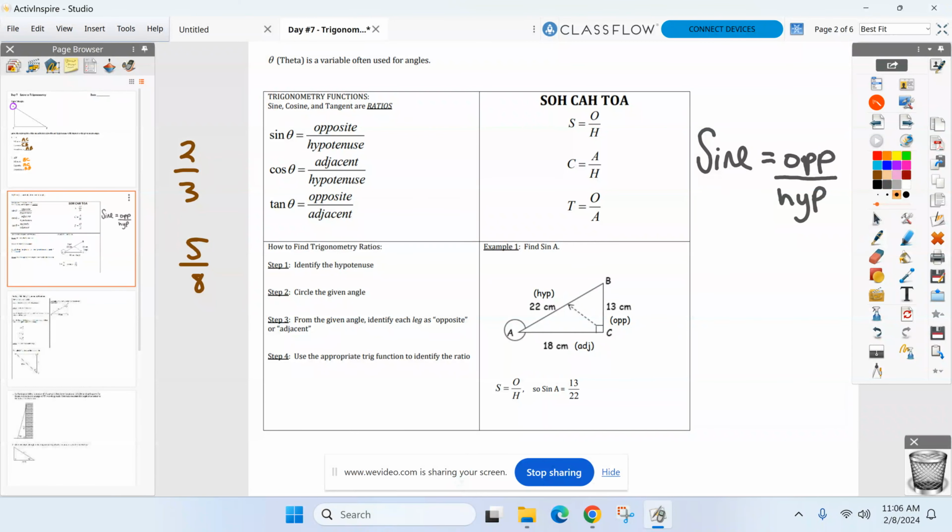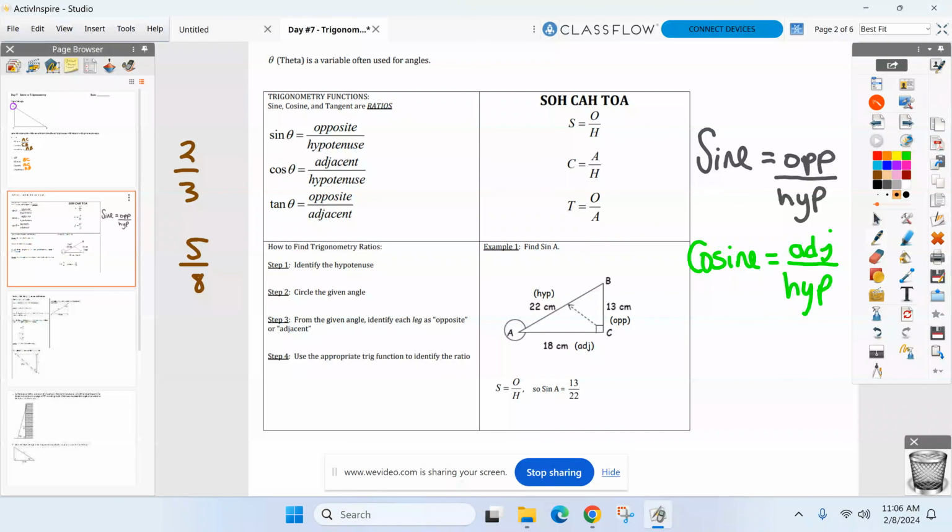The second ratio is called cosine. And when we use it in a problem, we abbreviate it C-O-S. Not cos, cosine. We abbreviate it C-O-S. And that can be found by taking your adjacent side and putting it over the hypotenuse.